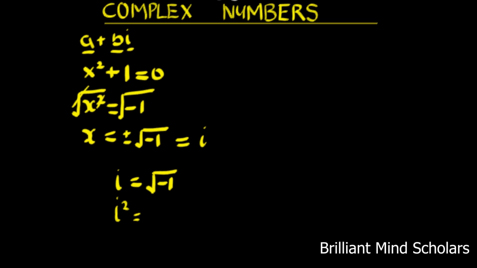So it means that i squared would be the root of minus 1 all squared. And notice that this square cancels this square root, right? And as such, i squared becomes minus 1.